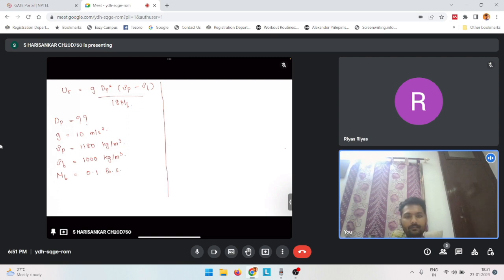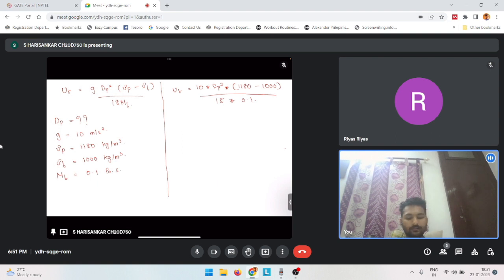So ut will be equal to 10 into dp square into (rho p, that is 1180, minus rho f, that is 1000) by 18 into mu f, that is 0.1.